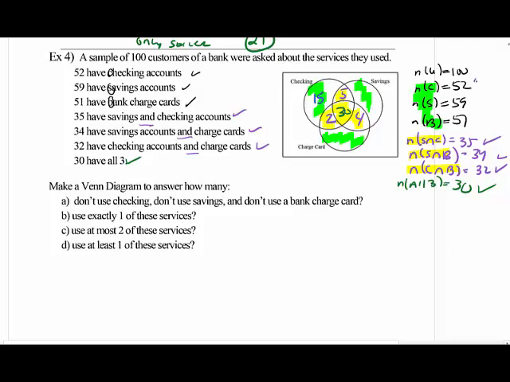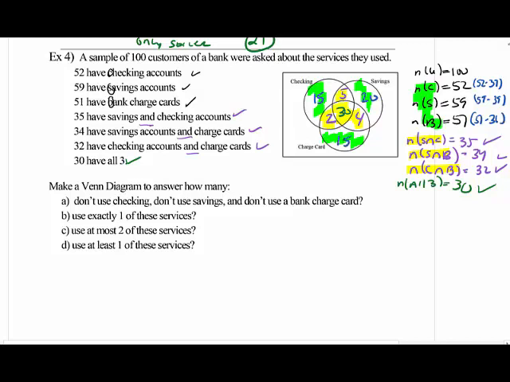So what I did there again is 52 minus the 37. For my savings, I'm going to do 59 minus 39, which should leave me with 20. And then I'm going to do 51 for my bank card, subtract off the 36, and I should have 15 there.